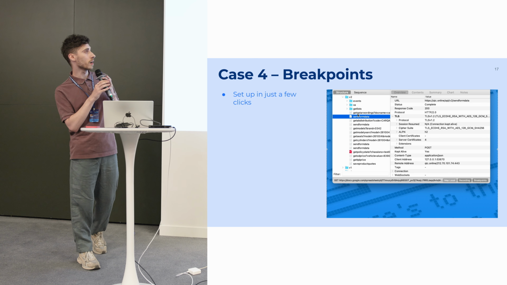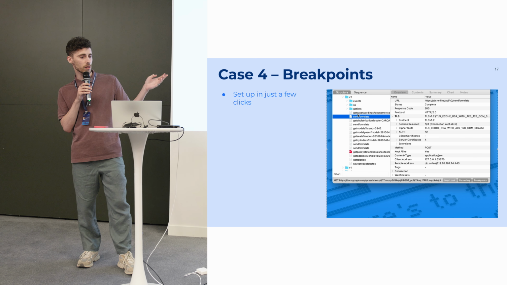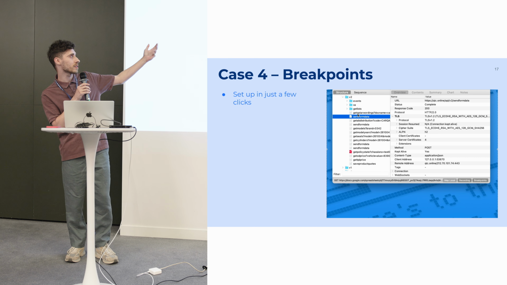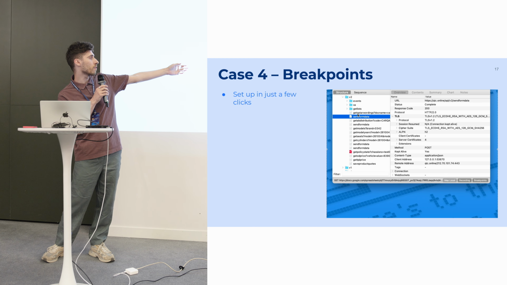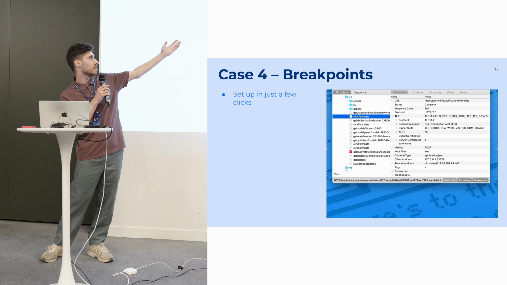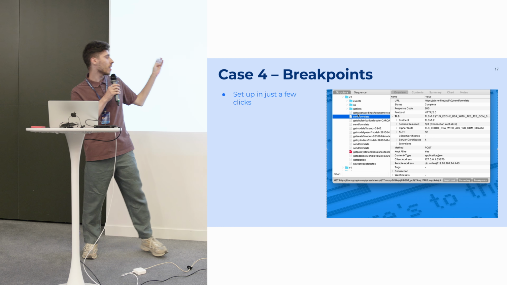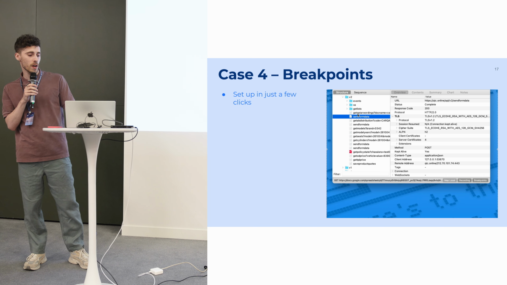For example, here you can see how easily it can be set up. In Charles, I can find the needed request on which I want to set a breakpoint, and just click the breakpoint option.